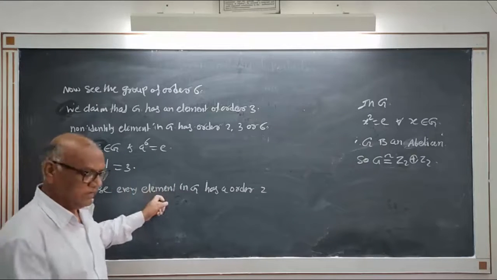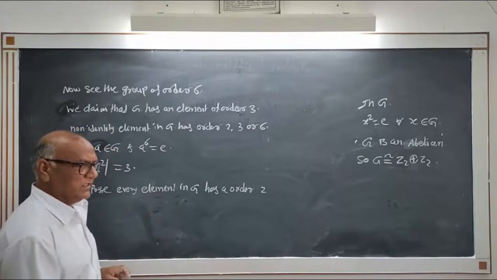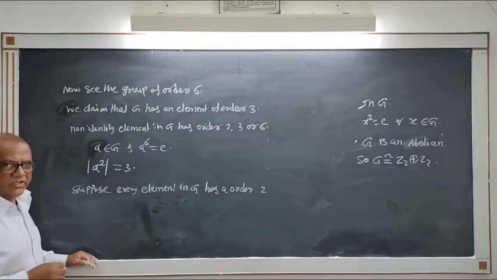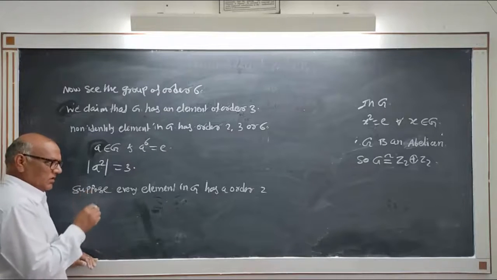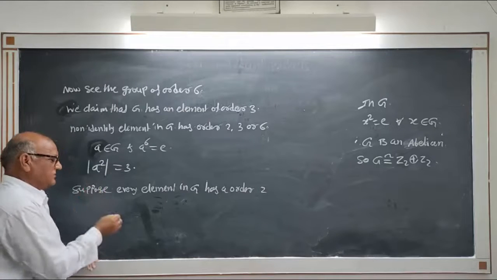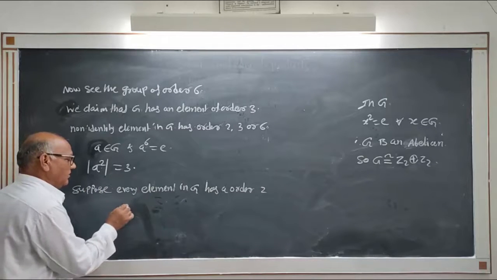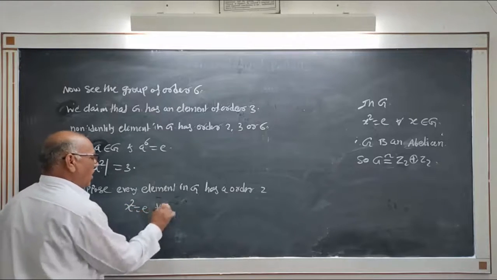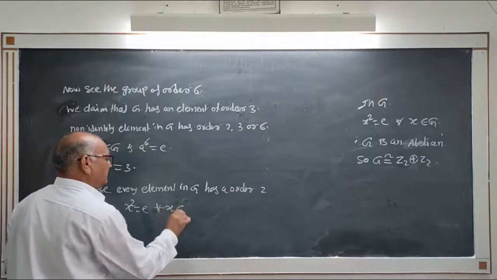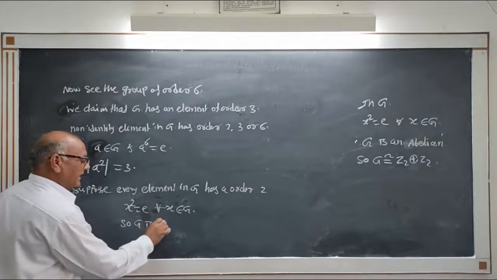Then x squared is equal to E for all x belonging to G. So G is abelian.